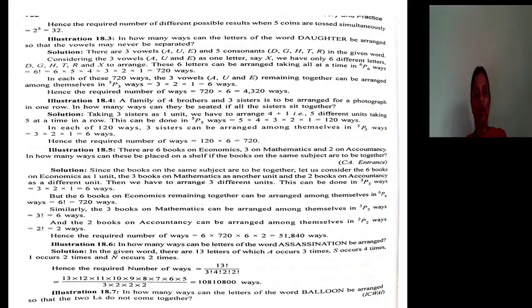There are 3 repetitions of A, 3P3, 4 times repetition of S, 4P4, 2 times repetition of I, 2P2, then 2 times repetition of N, so 2P2.